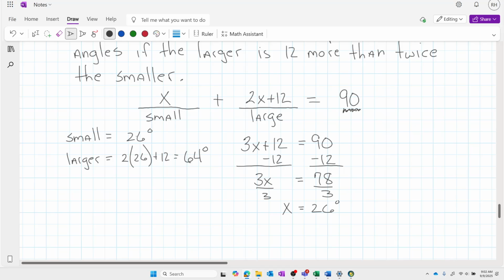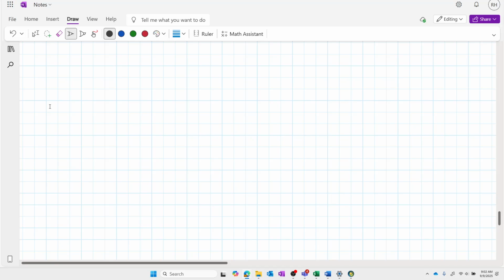All right, and I think the third type of problem you're going to see, you've got supplementary, supplement. All right. So the third type of problem you'll see will look like angle 3 and angle 4 form a linear pair.